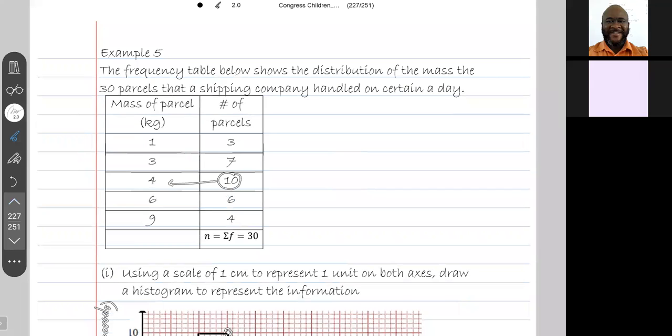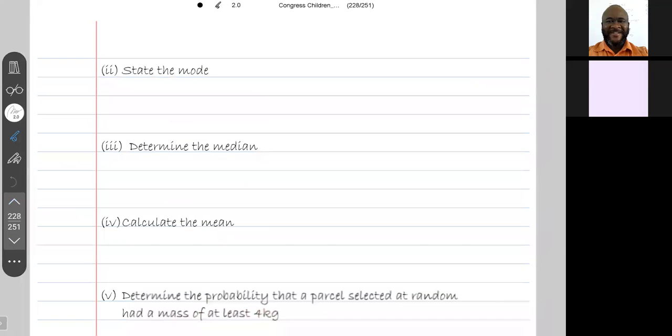So the mode is 4 kilogram. The value that occurs the most is 4. It occurred 10 times.